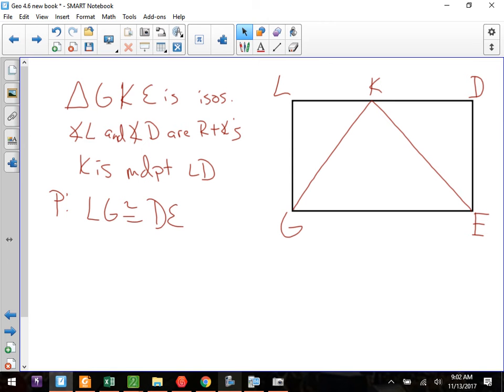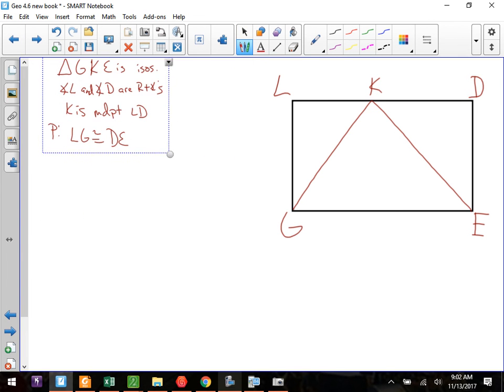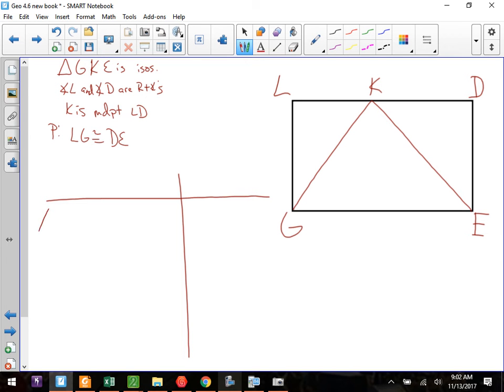In this case, we start with the proof by saying that triangle GKE is isosceles.